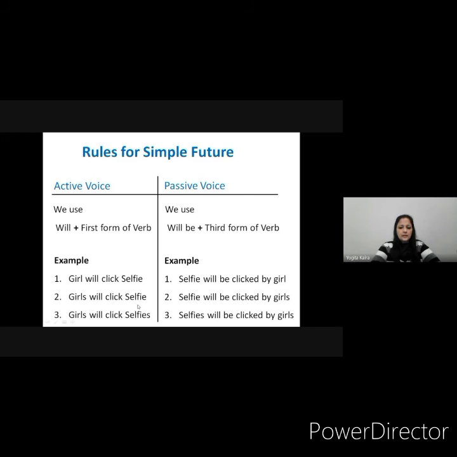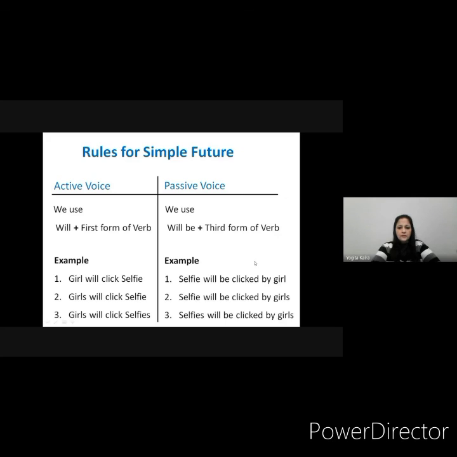Girls will click selfie, and here it has become: selfie will be clicked by girls. The third sentence says girls will click selfies, and it has become: selfies will be clicked by girls.